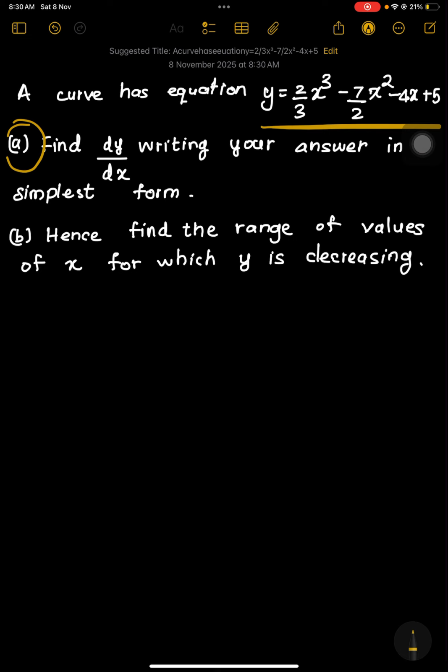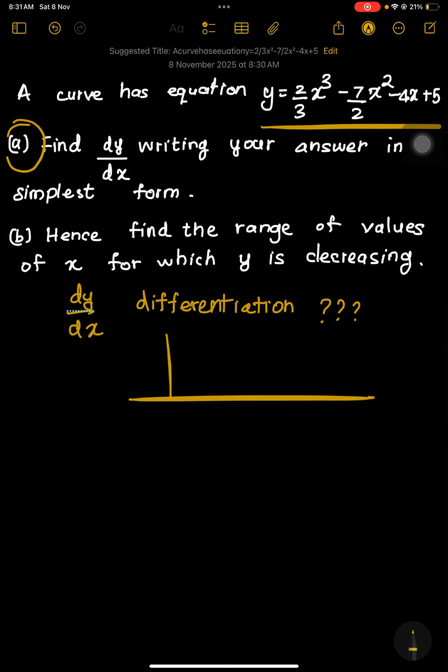So what does dy over dx mean? You should have studied a chapter called differentiation. I'll explain it simply. Let's say you have a function, any function, and the graph can be in any form.